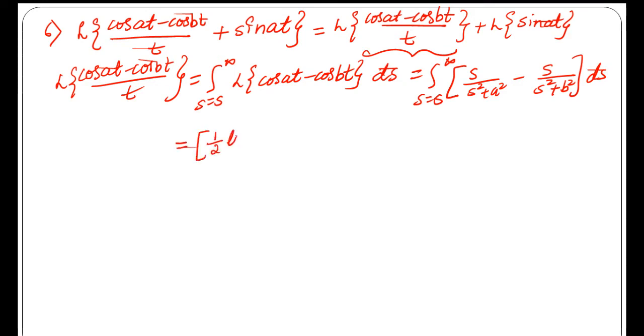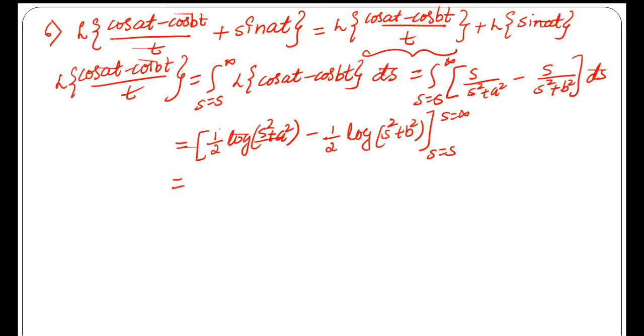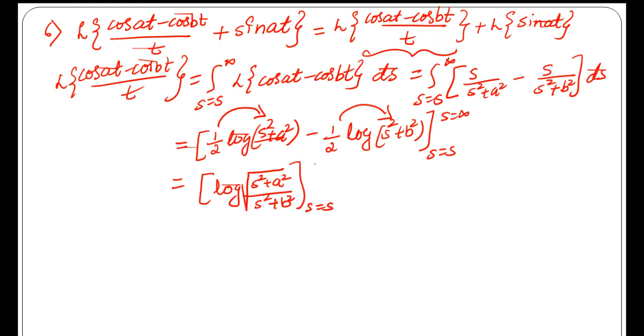Now integrate: 1 by 2 log of s square plus a square, integration of s divided by s square plus b square, same, minus 1 by 2 log of s square plus b square. Use the limit s to infinity, or you can write log of root s square plus a square minus log of root s square plus b square, or use the log m minus log n formula together. So you will get log of square root of s square plus a square divided by s square plus b square.